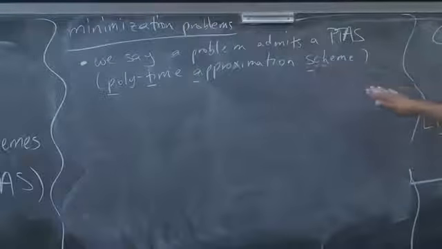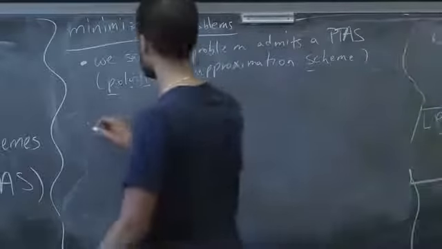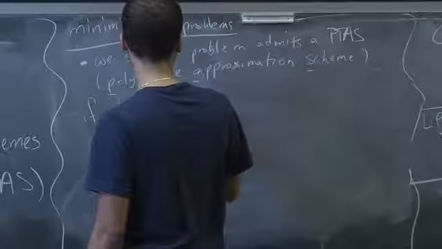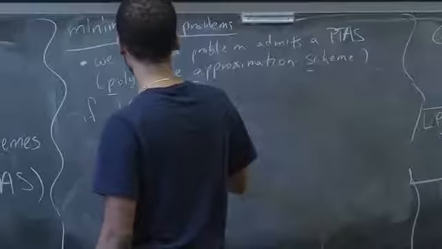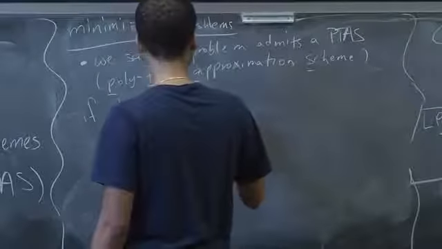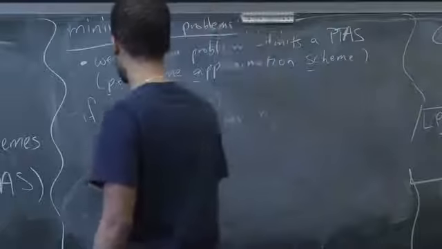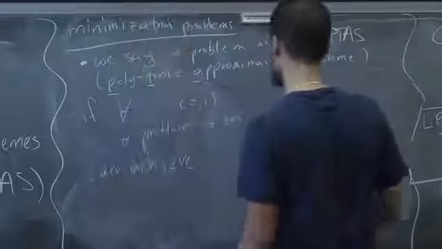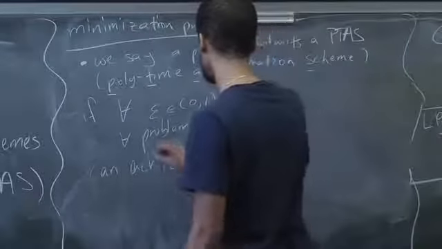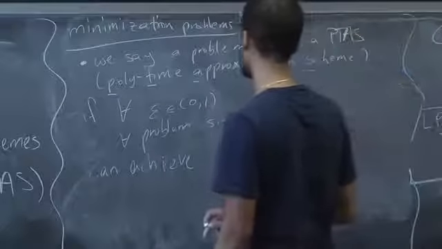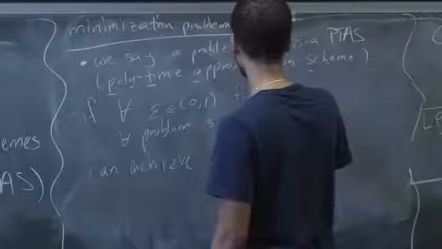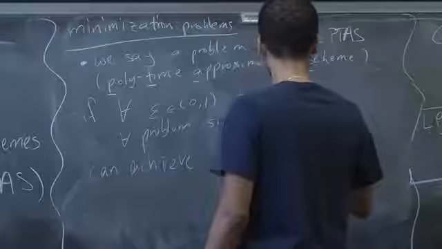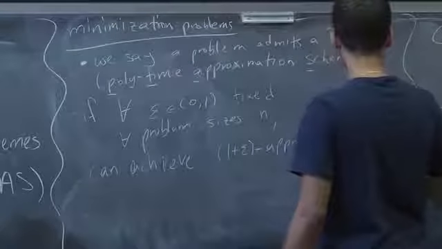We say it admits a PTAS if for all epsilon in (0, 1), and also for all problem sizes n, we can achieve a 1 plus epsilon approximation in time poly n.